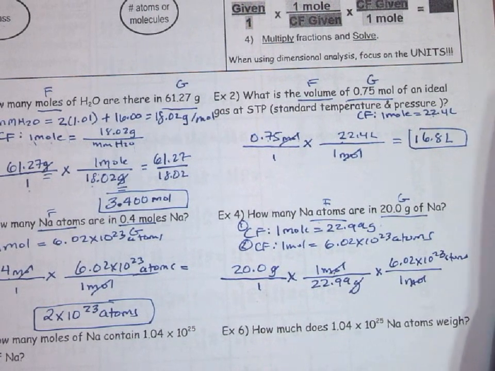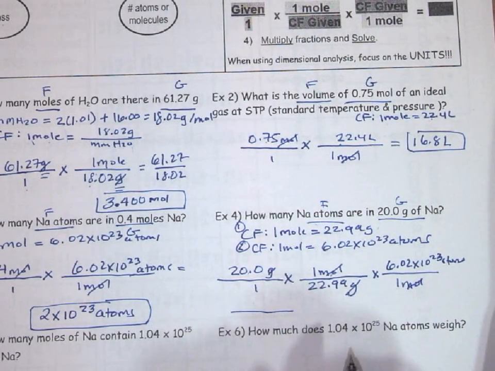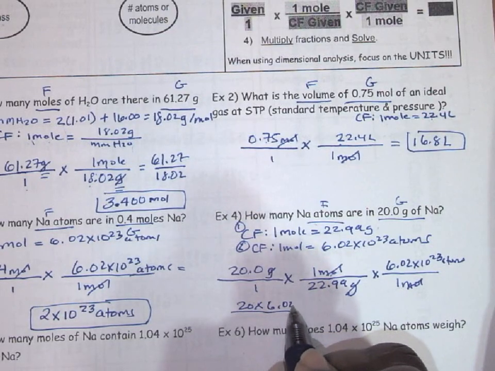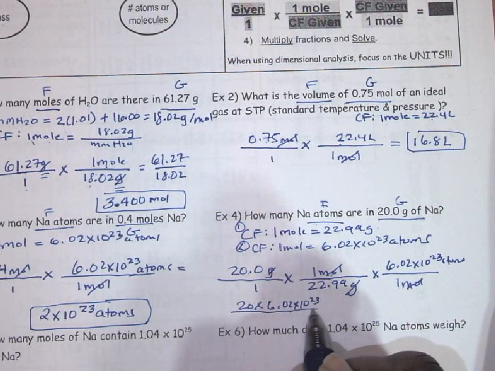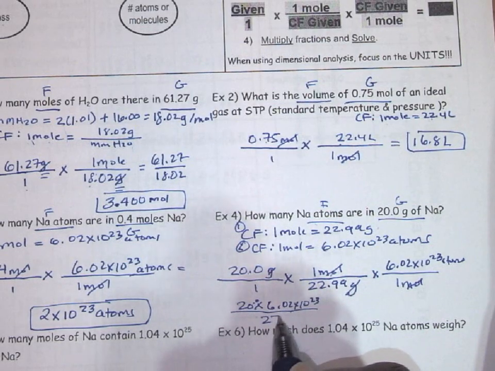All right, so now if I do the math here, what this will look like is 20.0 times Avogadro's number, divided by 22.99.